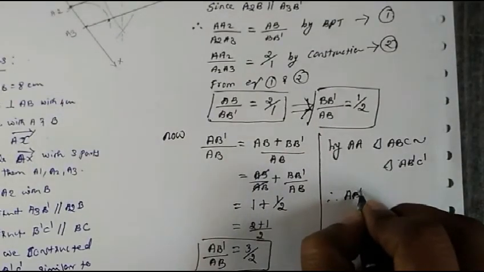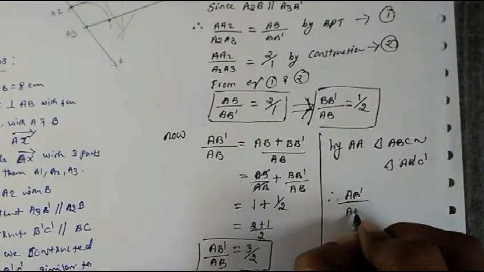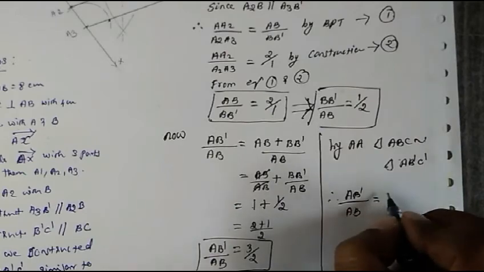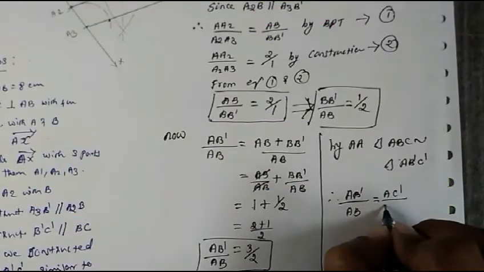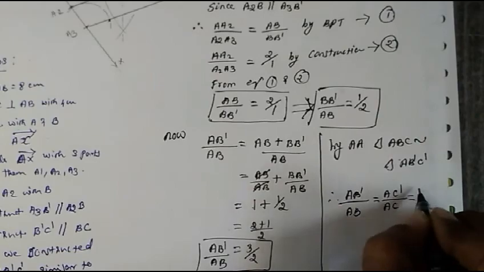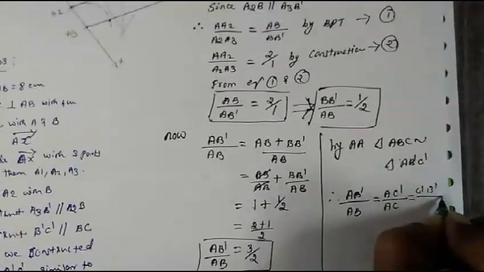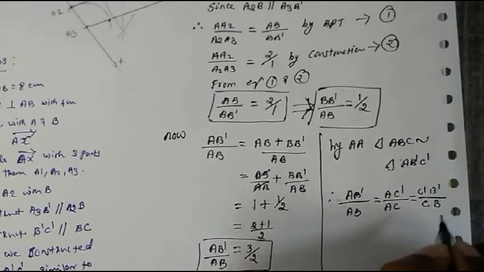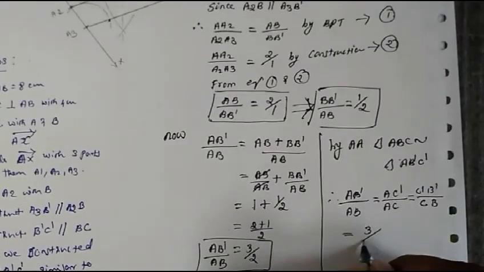So AB dash upon AB equals AC dash upon AC equals C dash B dash upon CB, which is equal to 3 upon 2.